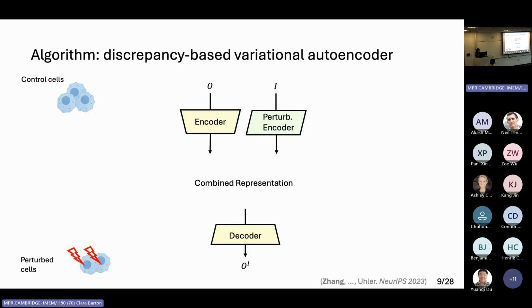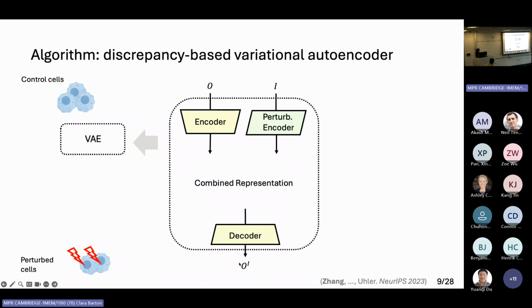But anyways, you can take any feed-forward network, and then you input O, which is one control cell. And then you also input the perturbation you want to generate the perturbed cells for. And then you can combine their representations and decode to an actual perturbed cell.